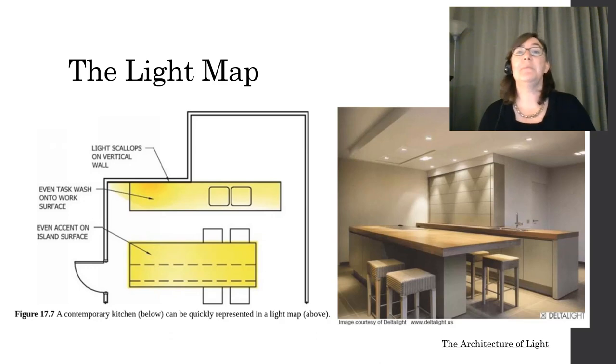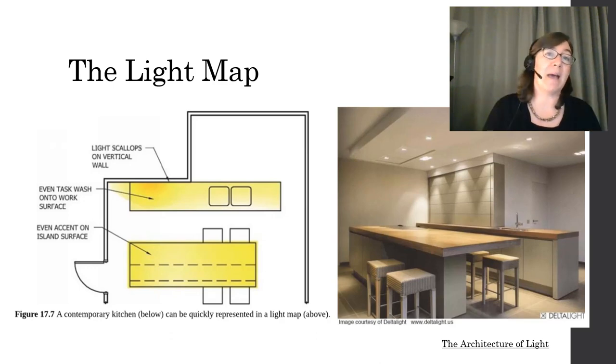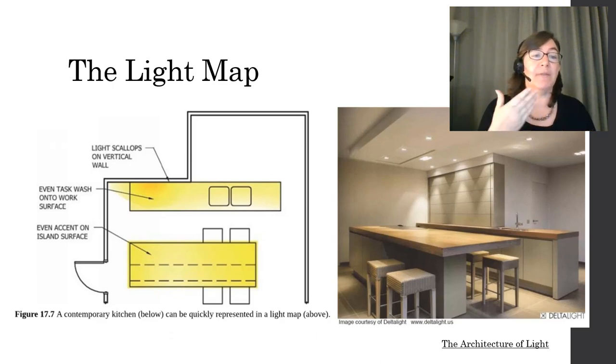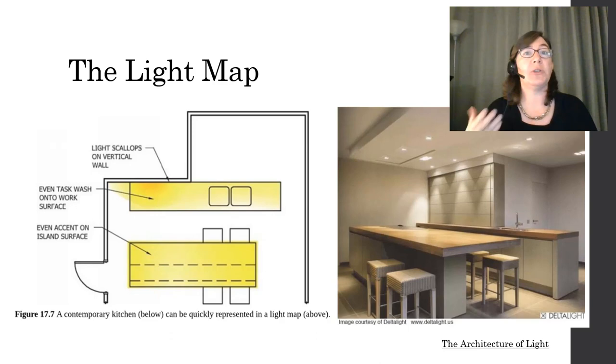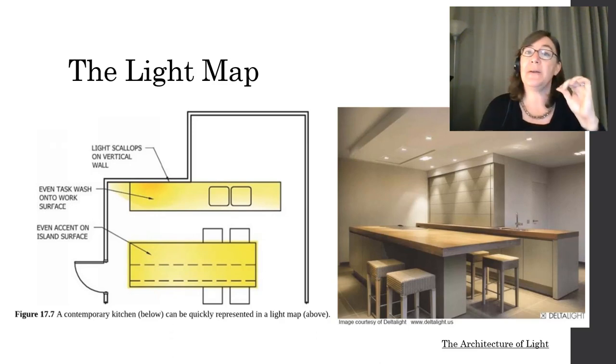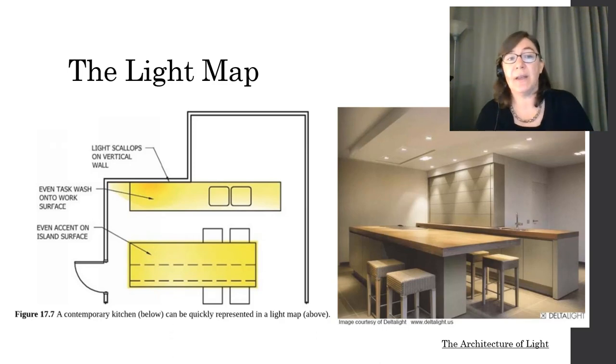Let's take a look at a couple more examples of what a light map could look like. On the left, we have a light map of a kitchen. We've got an immediate visual clue of where the light is supposed to fall and which surfaces will receive that light. And you've got some annotation that tells us the design intent of those individual pieces of light that they are painting on those surfaces.